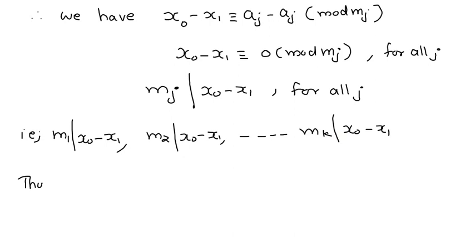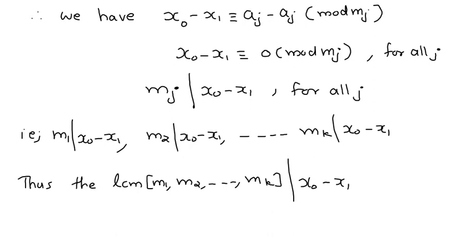Thus, the LCM of m1, m2, etc., mk divides x0 minus x1. Here m1, m2, etc., mk are pairwise relatively prime. Then the LCM of these k numbers is the product m1, m2, etc., mk, which divides x0 minus x1.